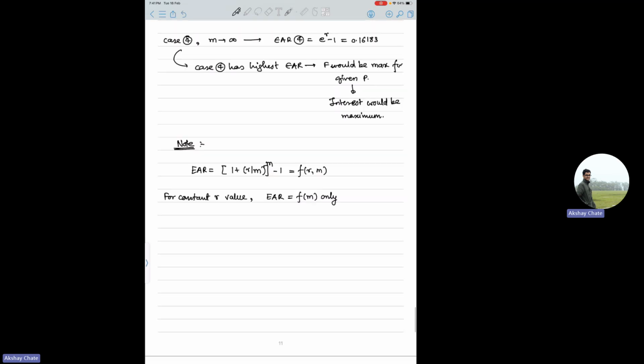So one thing you can do is calculate the derivative of this function with respect to M. That gives you the slope of EAR with respect to M, isn't it? If I take the derivative of EAR with respect to M, then this becomes M into (1 plus R by M) power M minus 1, into, now inside the bracket we have to go.